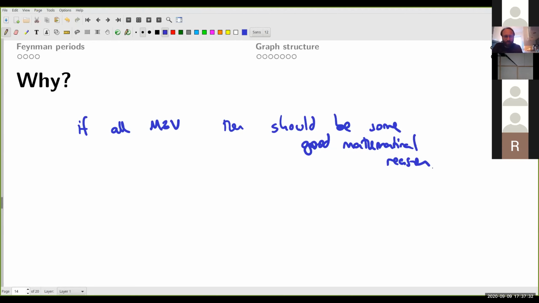Kontsevich said this, right? Should be some good mathematical reason. What is the good mathematical reason? The good mathematical reason is that the underlying motives in the sense of algebraic geometry should be mixed Tate. That's the correct good mathematical reason if what you're seeing is all multiple zeta values.